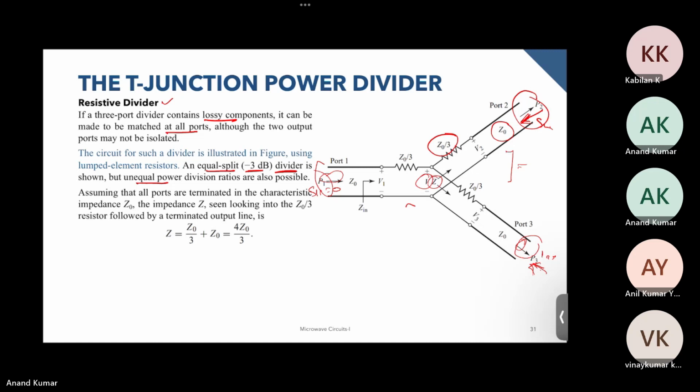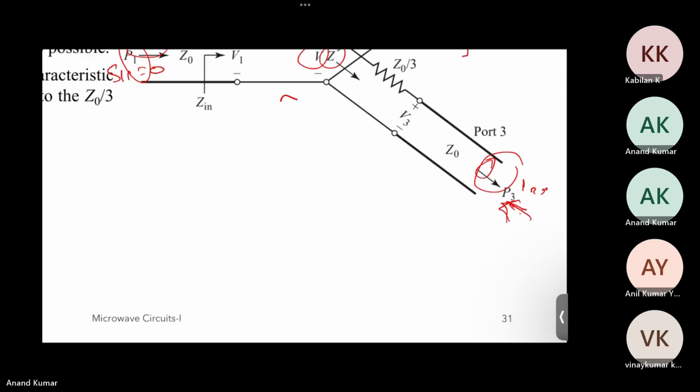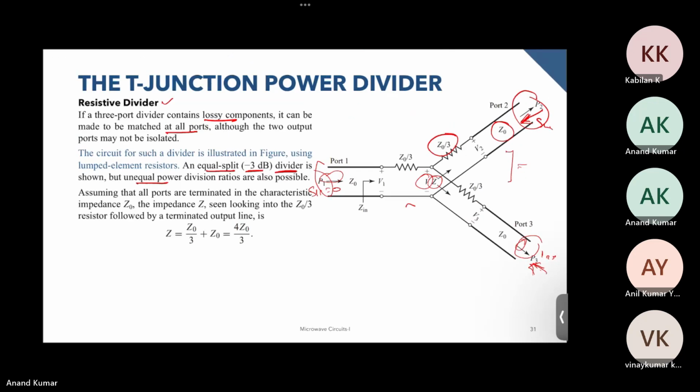So they are in series, and hence this particular Z turns out to be 4 Z naught by 3. And if you calculate the input impedance over here, then we have this Z naught by 3 over here, and then we have this Z from here and Z from here, and both of them are in parallel, so this becomes half.